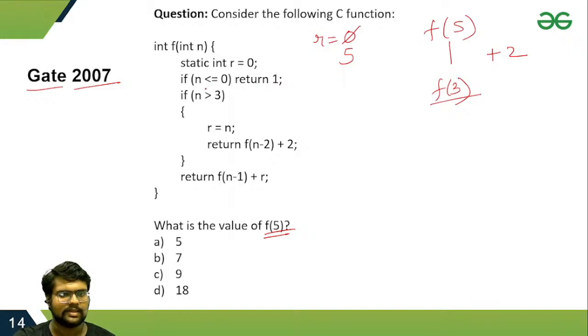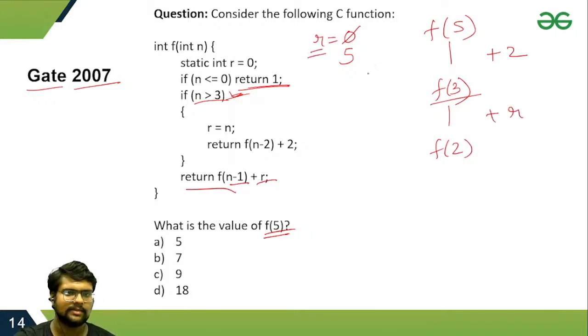Then 3 is not less than or equal to 0, so it will not return 1. So we will see if this condition is satisfied or not. So 3 is greater than 3, so this will not be satisfied. So we will return f of n minus 1. So that is f of 2 plus r. So we will add r here because since it is a static variable, we will update its value later. Okay.